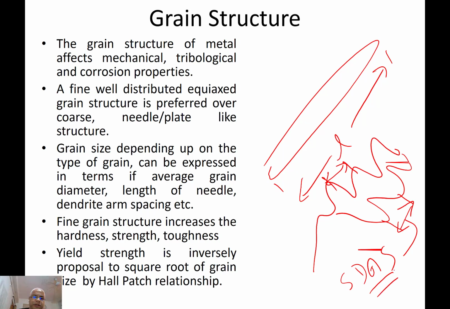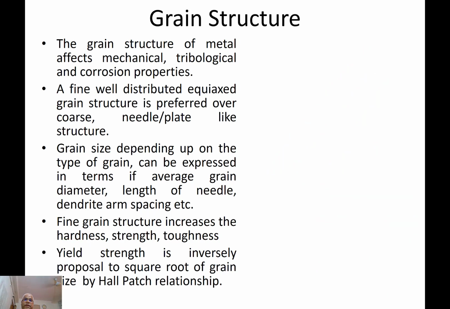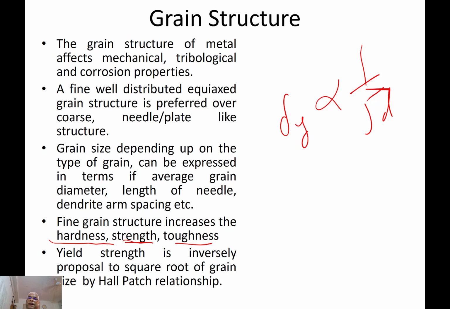As I've said, in general, the fine grain structure improves the mechanical properties. So if the grain structure is fine, high hardness, good strength, good toughness, and high ductility are observed. The classical equation shows the relationship between the yield strength and the grain size, and according to that, the yield strength is found inversely proportional to the square root of the diameter.